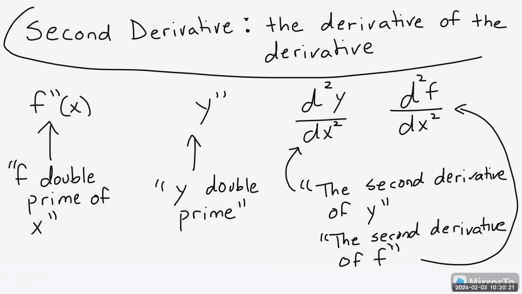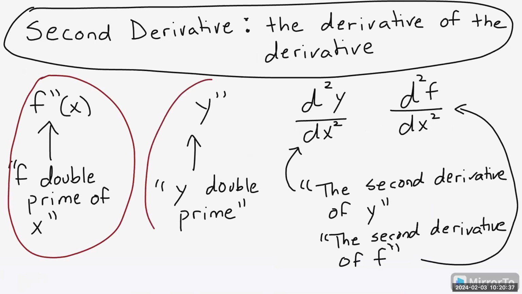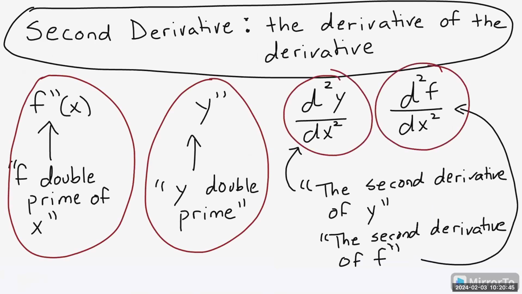We have lots of different notation for writing the second derivative, and they're all written here. So the first one, we read this as f double prime of x. This one's really popular. The second one we read as y double prime. This one is also very popular. And then these two are less popular, and you just read them as the second derivative of y and the second derivative of f.